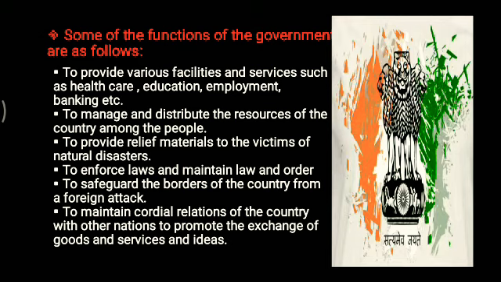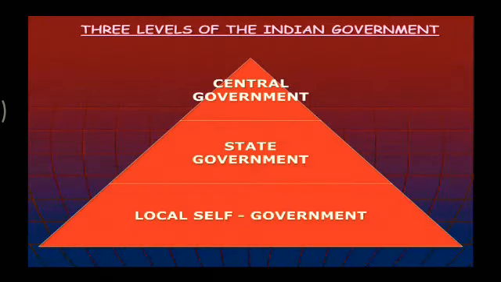Alright, next we have the levels of government. In order to perform all functions efficiently, our government functions at different levels. In India, the government functions at three levels. First, we have the national or the central. Secondly, we have the state. And thirdly, we have the local, or you can call it local self-government.